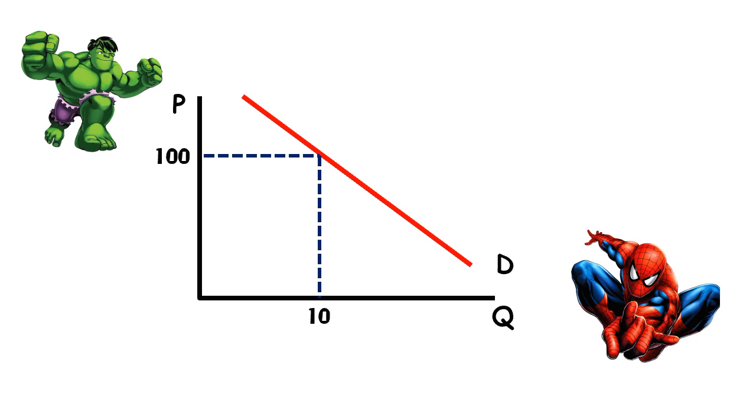So the demand curve is downward sloping. And here in this case, at a price of 100, we want to buy 10. At a price less than 100, we'll buy more than 10. At a price more than 100, we want to buy less than 10. So remember, this is about price and quantity.